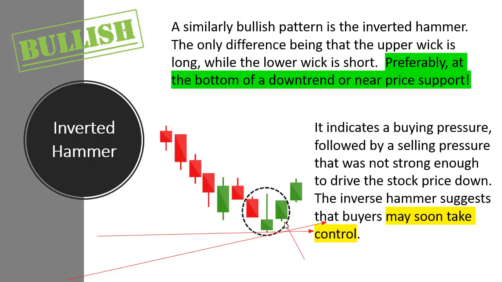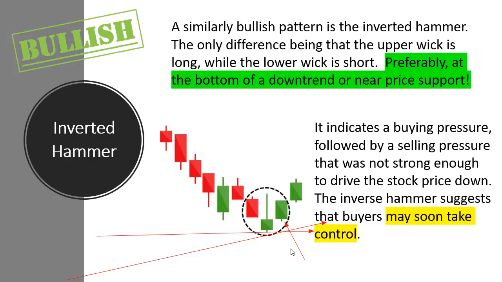Now, when you think about these price patterns, what we're looking at here is that sometime during the day, the buyers push this up, and sometime toward the end of the day, the sellers pushed it back down, but they weren't able to take it all the way back down. So keep in mind that this is one of those struggles going on between buyers and sellers.